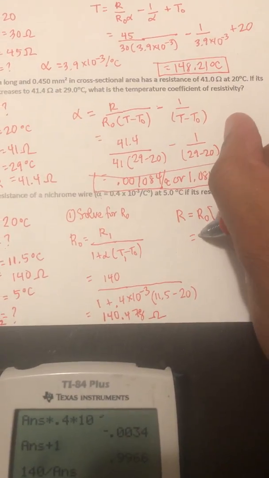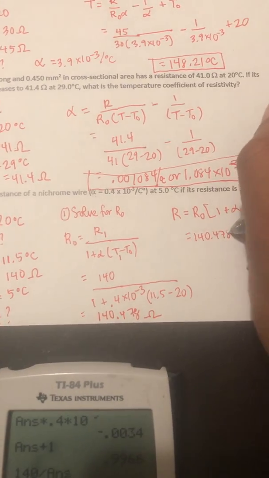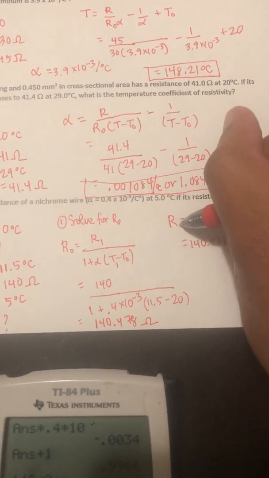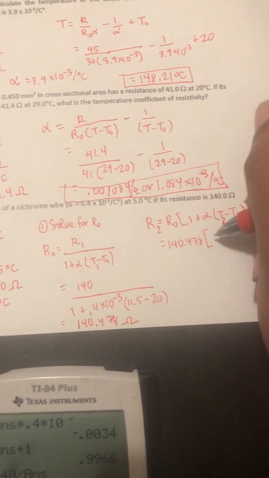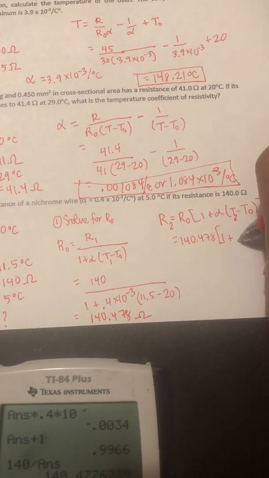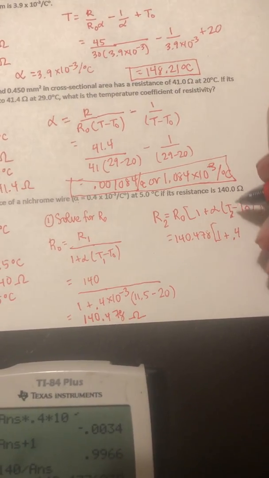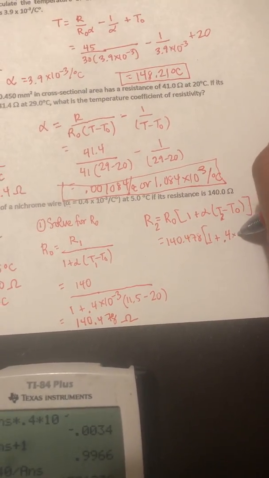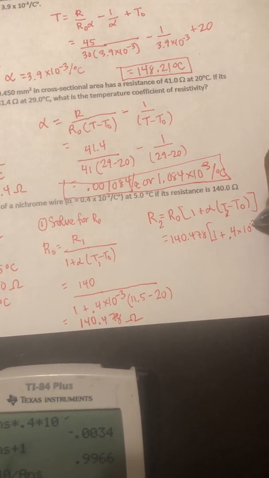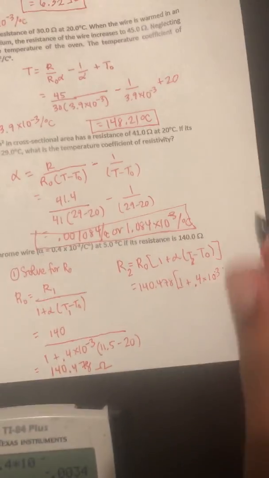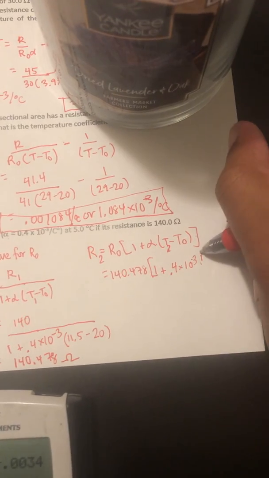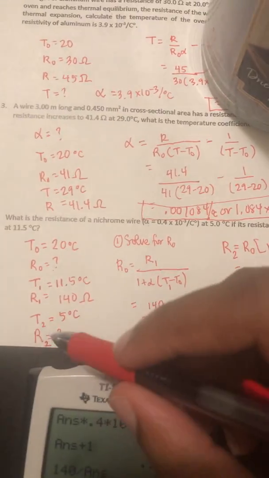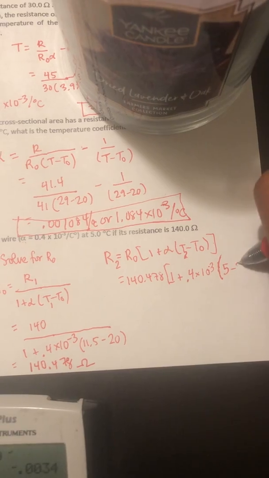So I'm going to do 140.478 times, and this is R2 and T2, by the way, 1 plus, I can use this 0.4 times 10 to the negative third because I'm working with 20 degrees. Five minus 20.